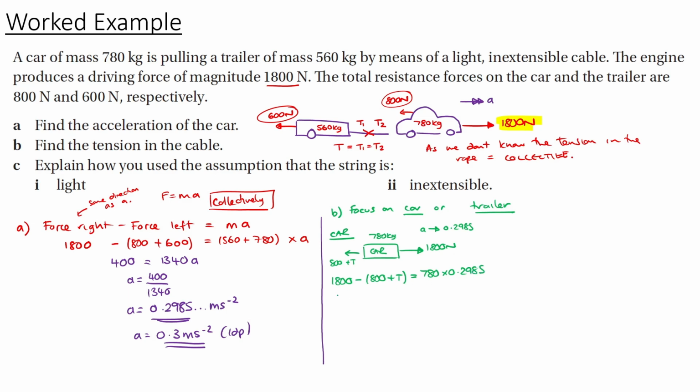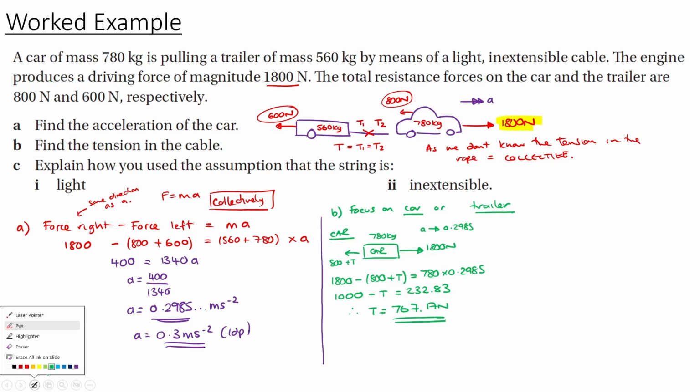Now, I'm going to have to do a bit of rearranging, in which I end up with 1000 minus T equals 232.83. And then working out what T is gives me a value of 767.17 newtons.